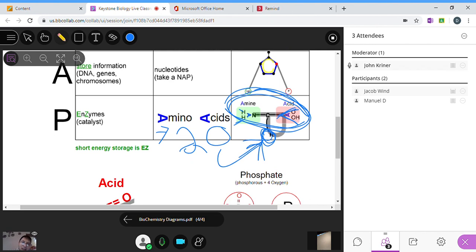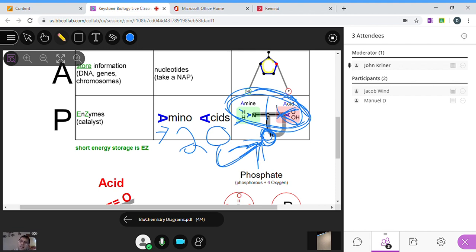So, every amino acid has a nitrogen with two hydrogens on this side called an amine, and it has an acid, a carboxylic acid, on this side. It has a central carbon, and that central carbon's bound to an R group, and that's a variable. There are 20 different R groups, and that gives you the 20 different amino acids.